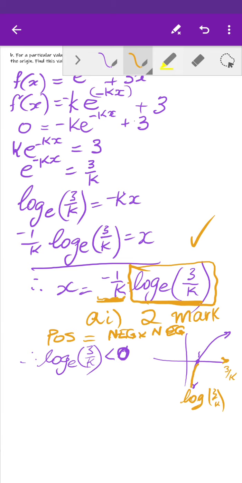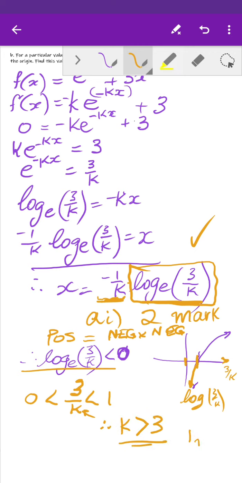It's negative between 0 and 1. So when 3 over k is between 0 and 1, that value is negative. It's underneath the x-axis. When 3 over k is greater than 1, then it's above the x-axis. For this to be between 0 and 1, we need a bigger denominator underneath. Therefore, k has got to be greater than 3.